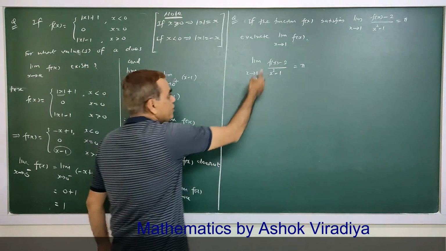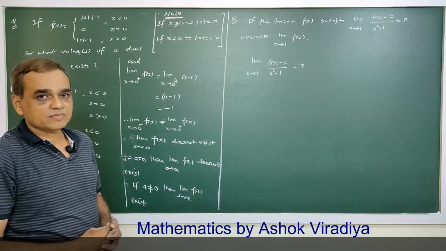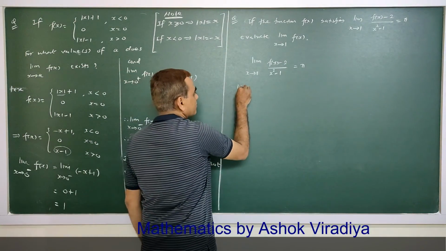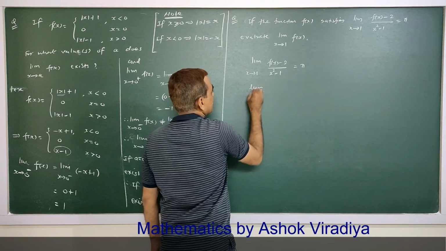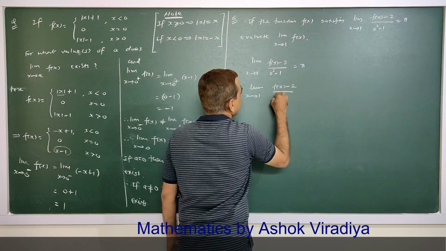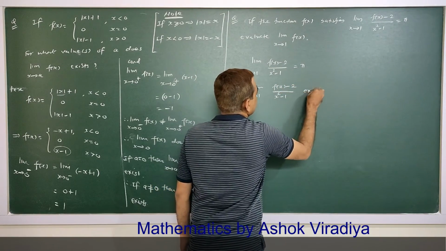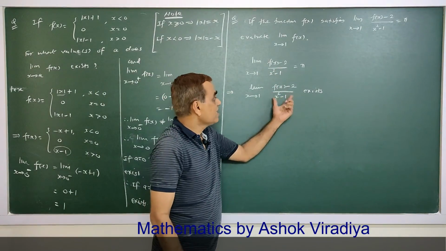It means the limit of this function exists. This is the meaning of this statement. The limit of this function exists and it is pi.